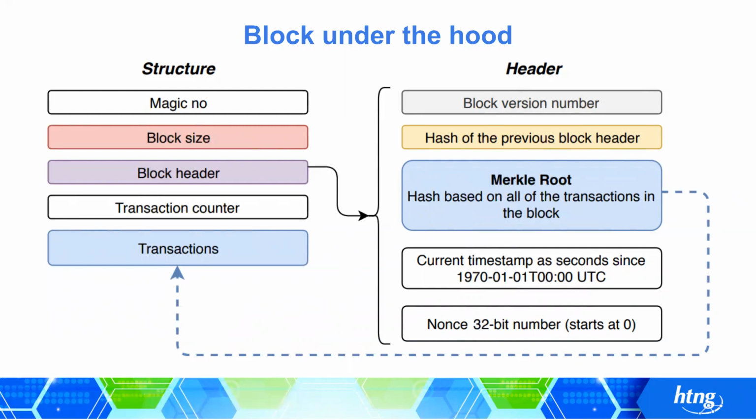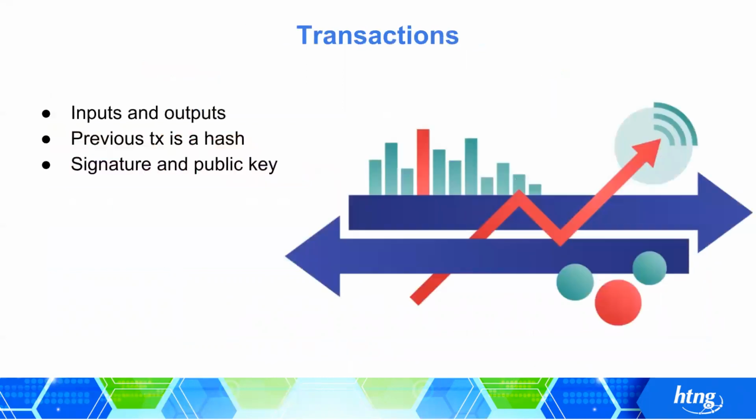And also we can see the current timestamp and nonce, a system field for the mining operation, which we will touch on in the next slide. And several words about the transaction. What does transaction mean, and what are the main parts of the transaction? How can we understand it and describe it?